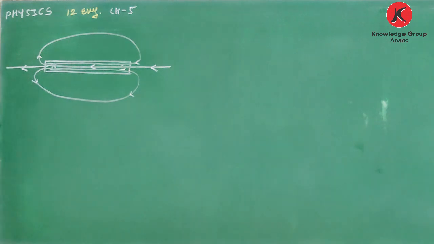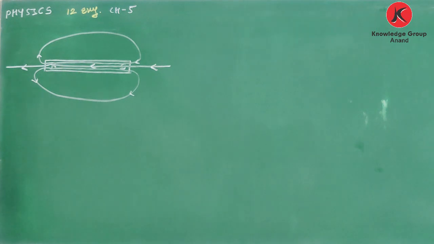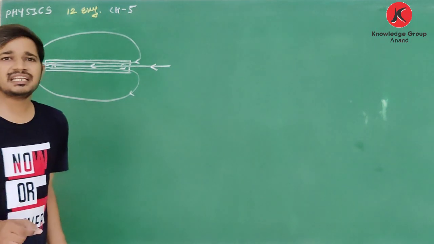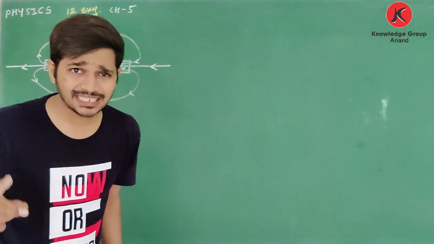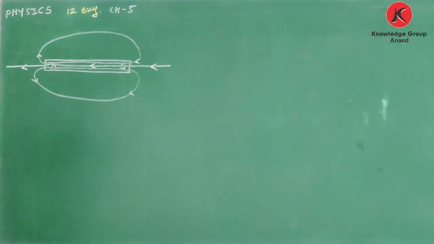From the North Pole outside, to the South Pole inside. See, here, if I take a magnetic needle on the axis of the magnet, then we know that a magnetic dipole aligns in the direction of the magnetic field. So if I place the magnetic needle on the axis at this point, it will align in the direction of the magnetic field.